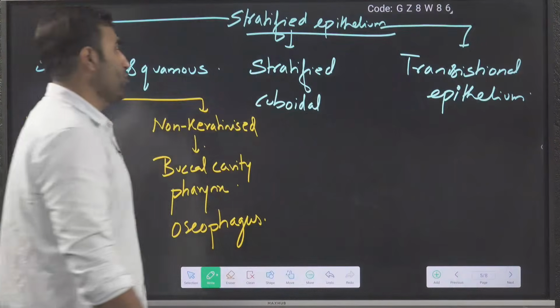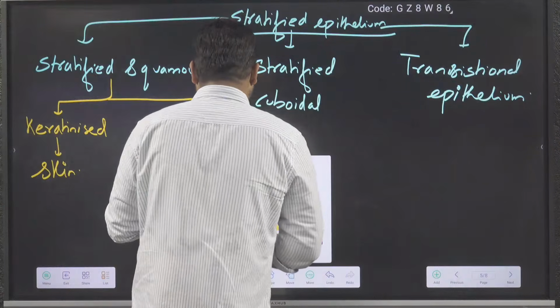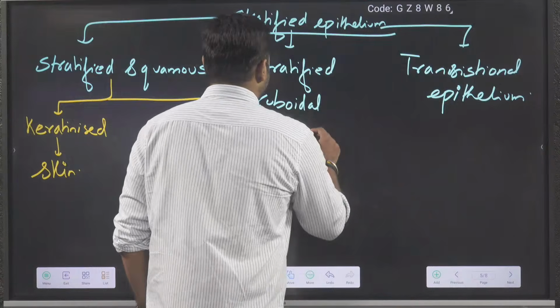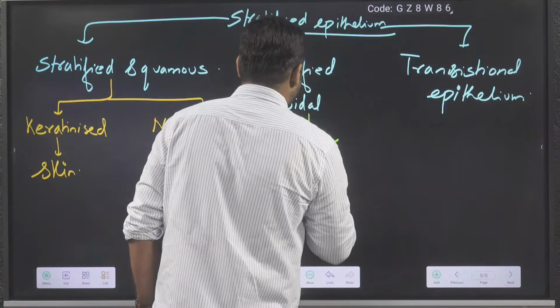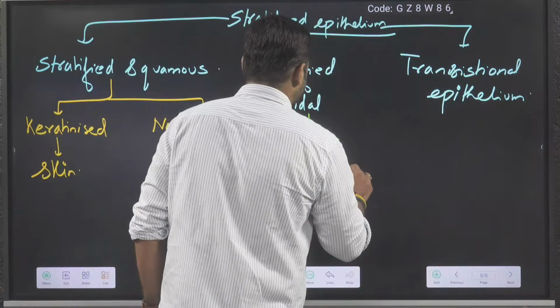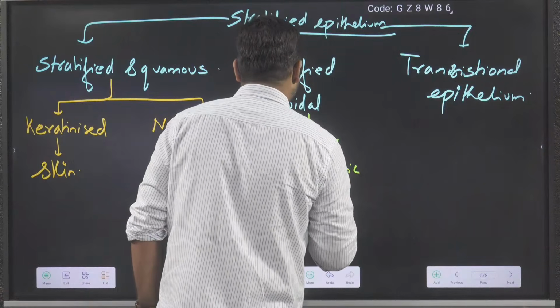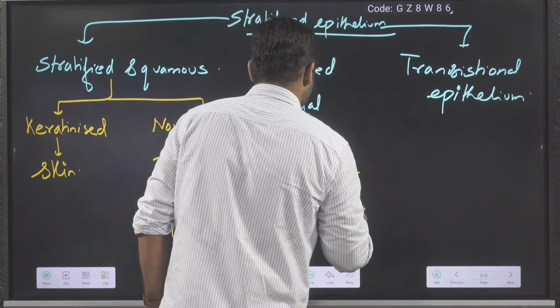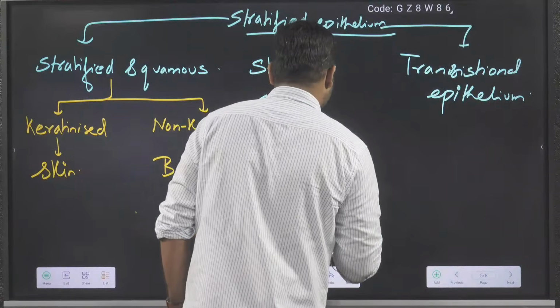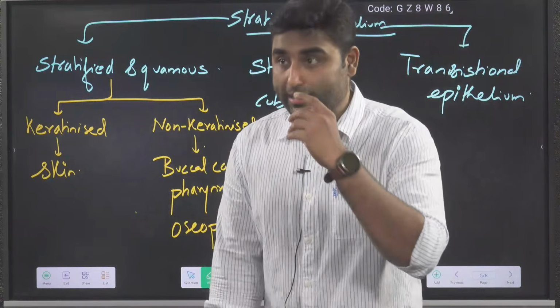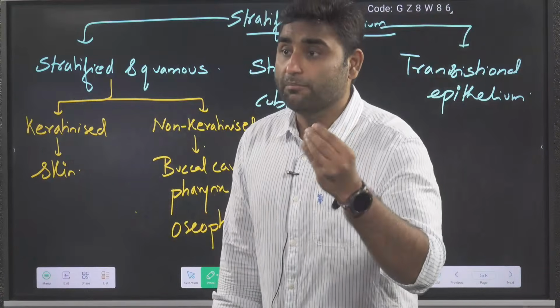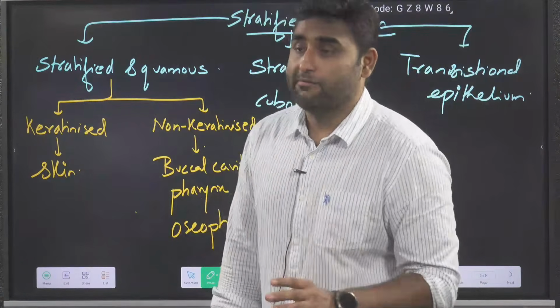Now stratified cuboidal. Where is stratified cuboidal present? Stratified cuboidal is present in the larger pancreatic and salivary ducts. Now I want you to be a little prudent, sensible and careful here.